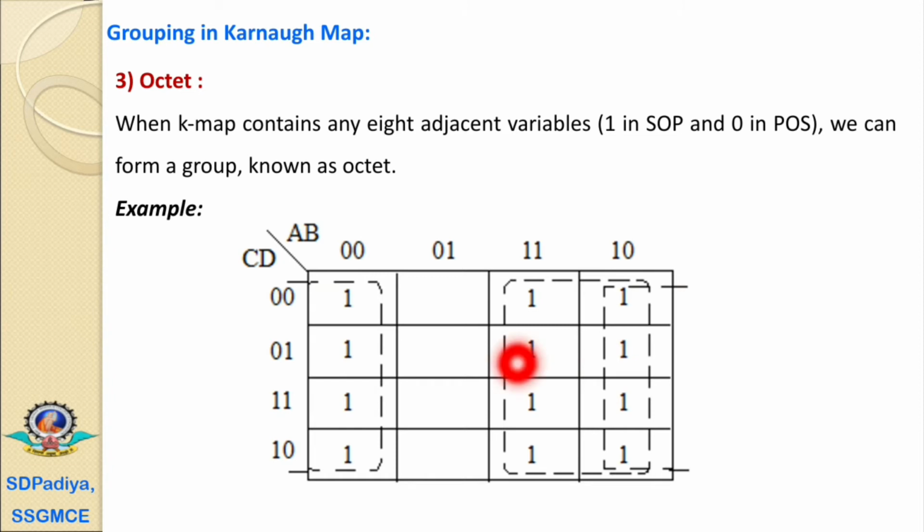Now, if we look again at the third column, we have 1 1 1 1. Rather than forming a group of 4 variables, we can repeat the 1 1 1 1 from the last column and form a second group of 8 variables for the values of the third column and the fourth column.